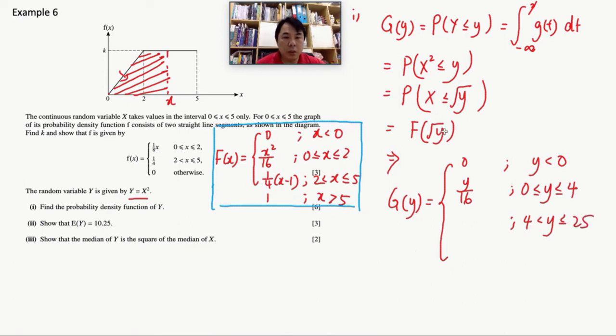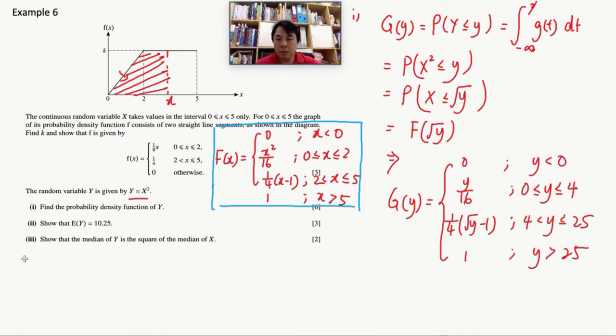Because of the square there, all we need to do is substitute this into here. We notice that we have a quarter of the square root of y minus 1 here. And then finally, it is equal to 1 for any y that is greater than 25. So I hope you are clear on this.